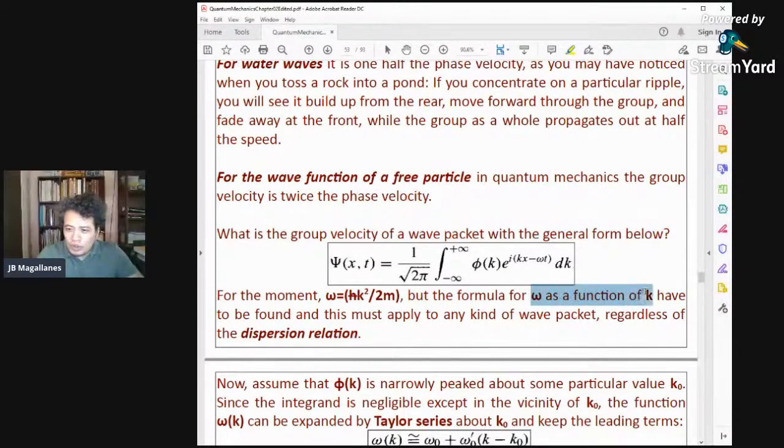or we're going to find the behavior of omega as a function of k, in which we could find the velocity of the wave packet that will apply to any wave packet regardless of the dispersion relation.